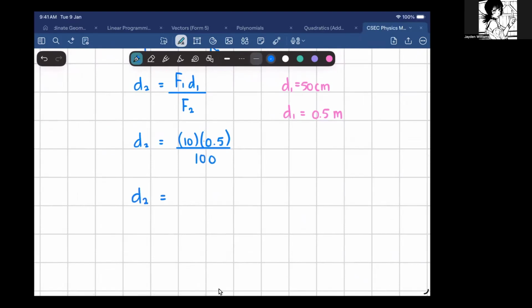So when you work this out, you're gonna get 0.5 over 10, which is just 0.05. Wait, let's just plug this into the calculator to make sure. So that'll be 5 over 100, which is 0.05. Yeah, that'll be 0.05 meters.